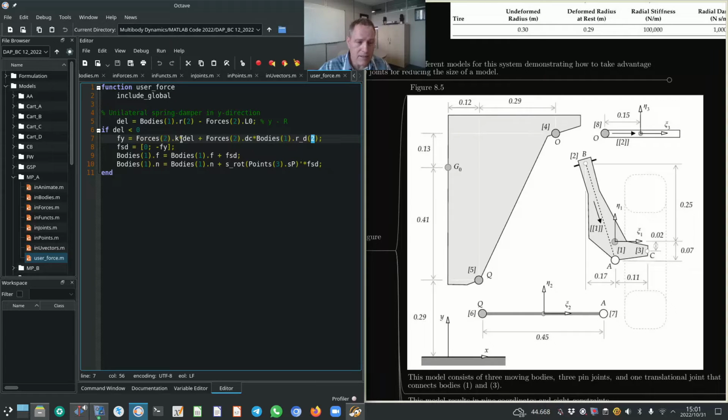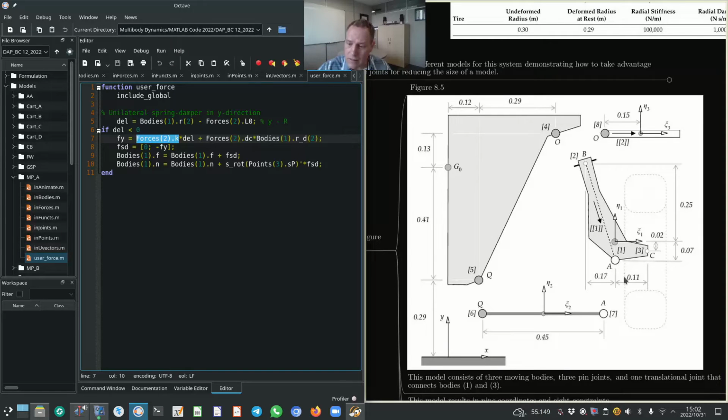Why is that the case? It is the case because delta is negative, so a negative delta multiplied by a stiffness will give a negative force. And as I explained a little bit earlier, the velocity of the wheel as it makes contact and deforms against the rigid surface will be negative because it's downwards.